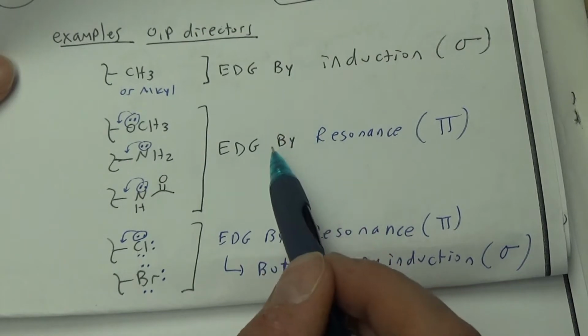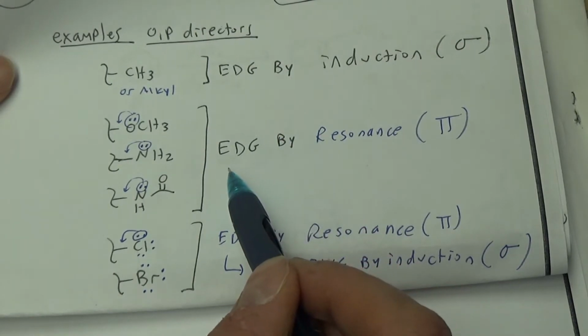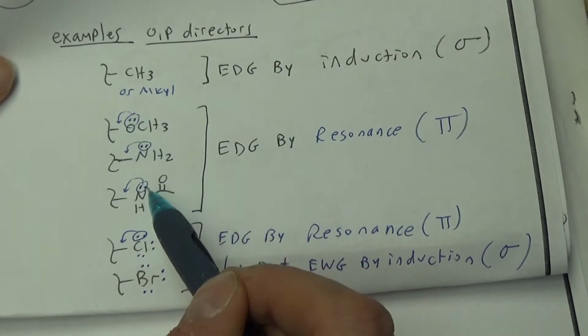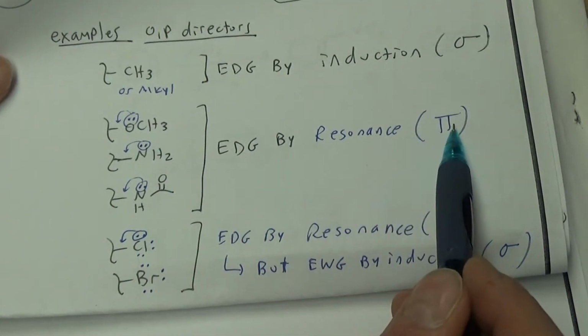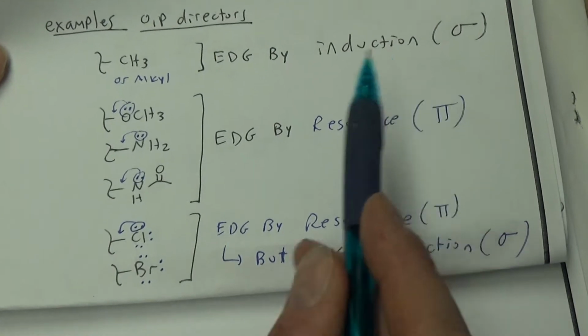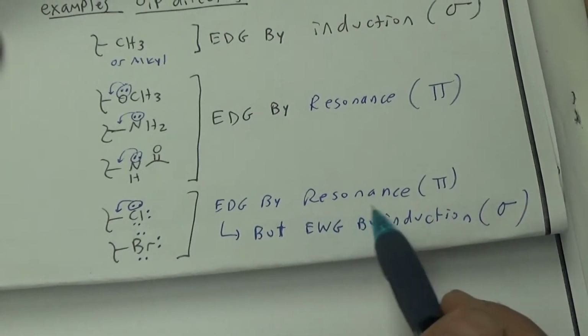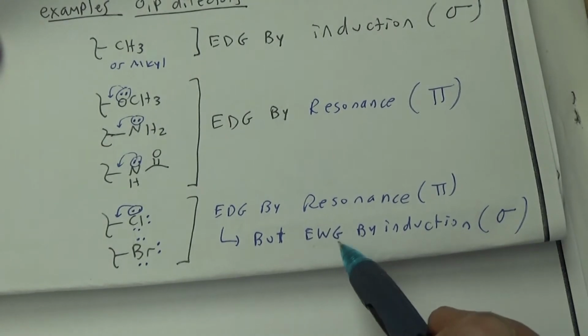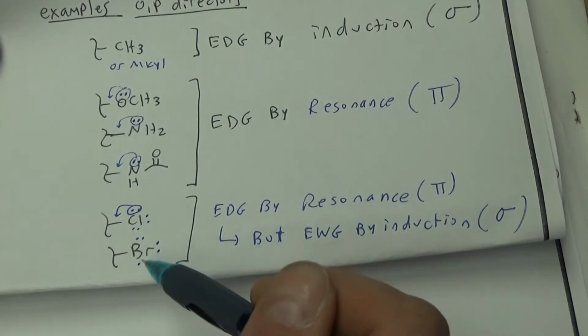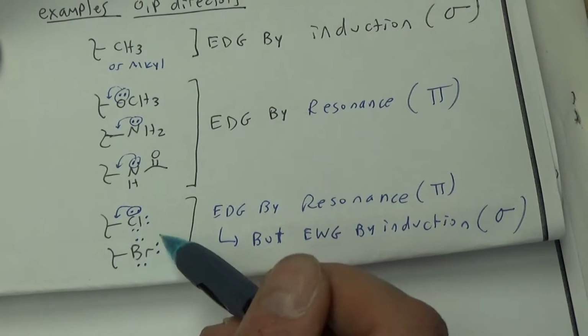The funny thing is that the oxygen and nitrogen ones are donating by resonance, while the halogens are donating by resonance, but are electron withdrawing by induction, because they're pulling electrons towards the halogen.